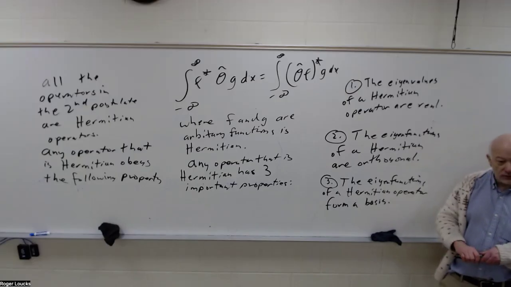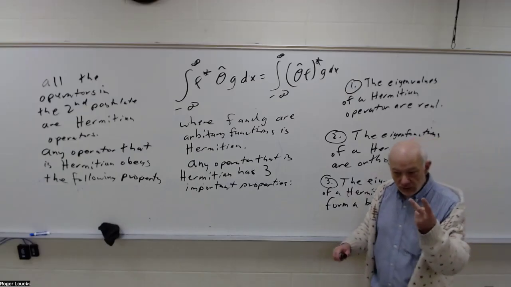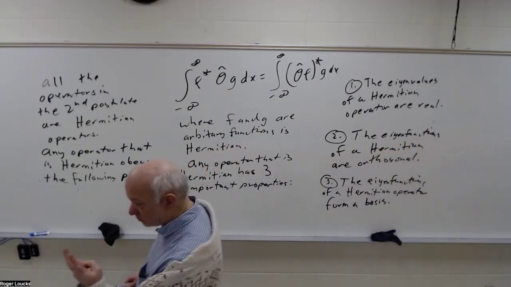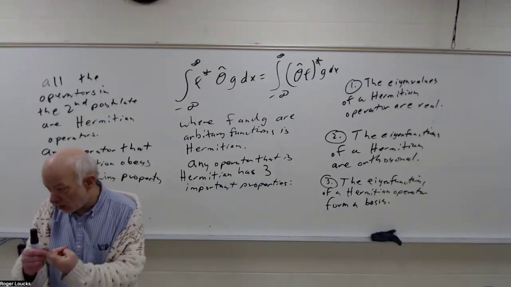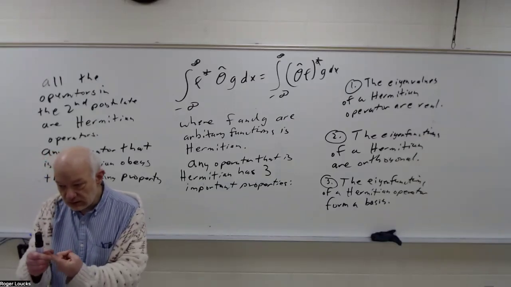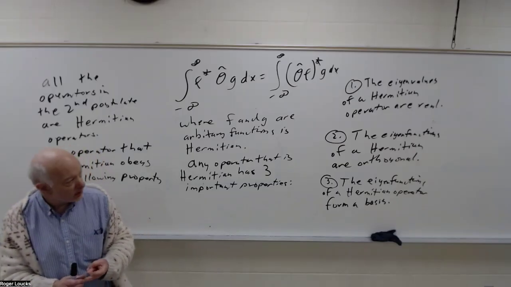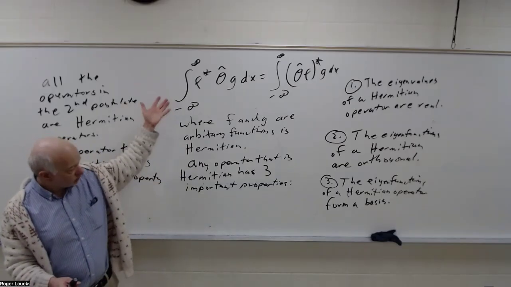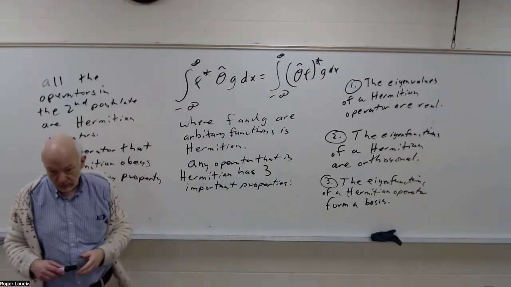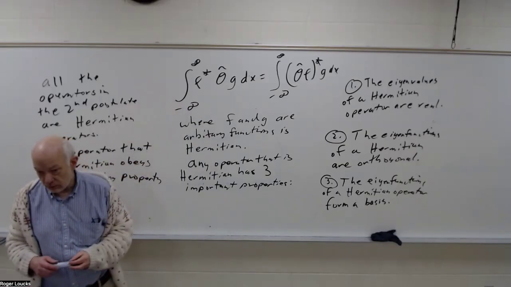Just so you know, this is so essential that I'm going to ask you this on the next test. So the next test, you already know two questions. What two questions do I ask you on the next test? The first question is going to be postulates, the postulates of quantum mechanics in detail. And then somewhere on there, I'm going to have you, using this definition, prove these properties of a Hermitian operator.